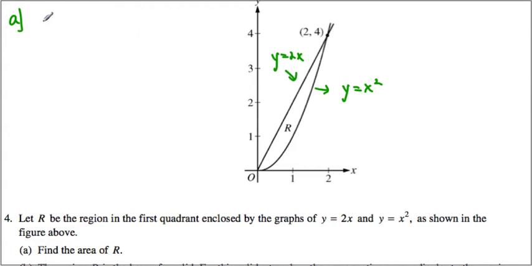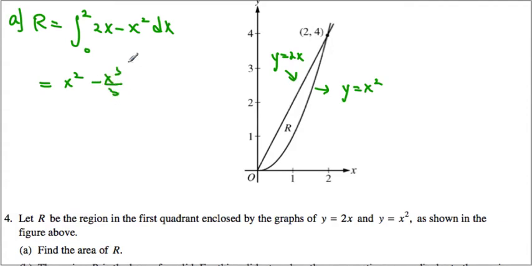So here we have area R will be equal to the integral from 0 to 2, upper function minus the bottom function. So we have 2x minus x squared dx. Then what do we end up getting? Here we have x squared, and the second one becomes x cubed over 3 from 0 to 2.